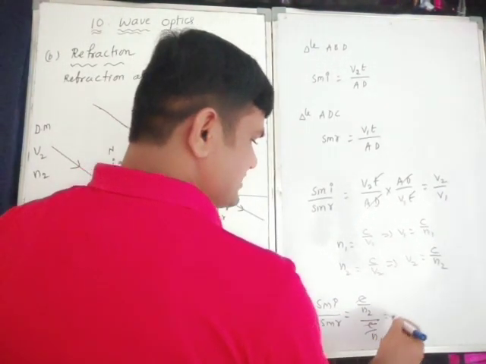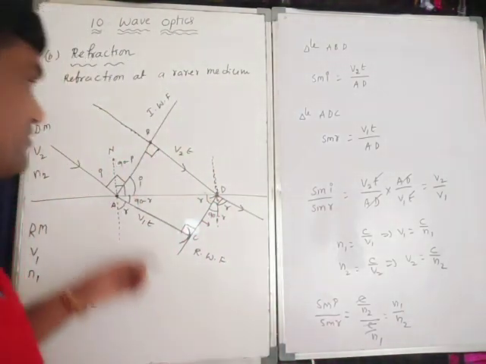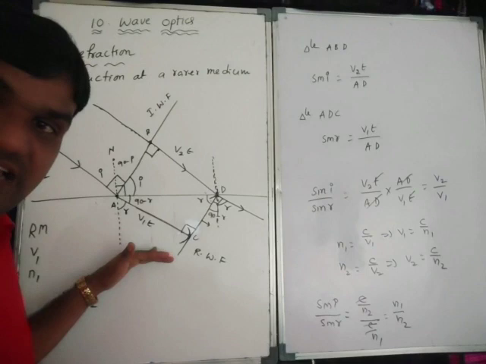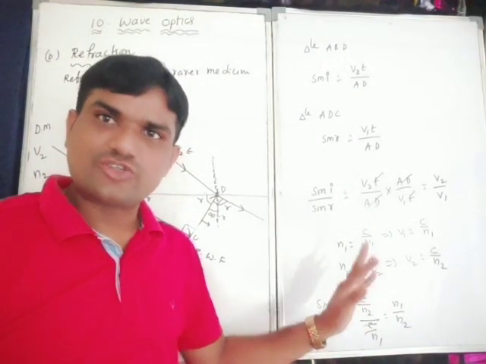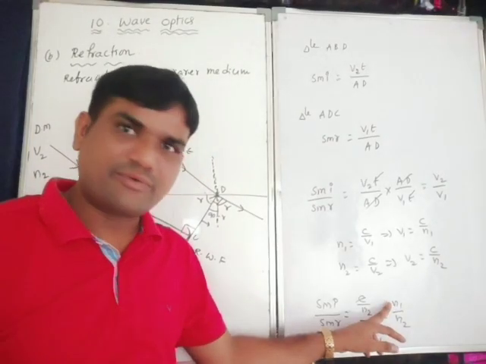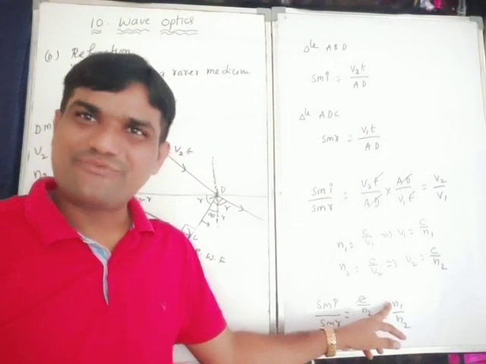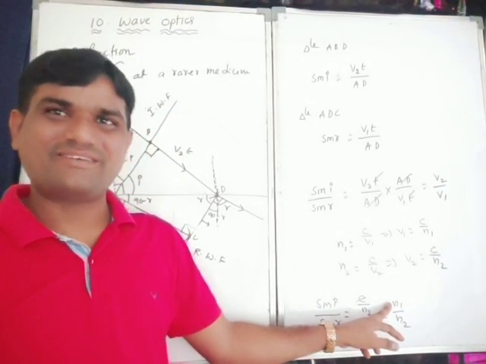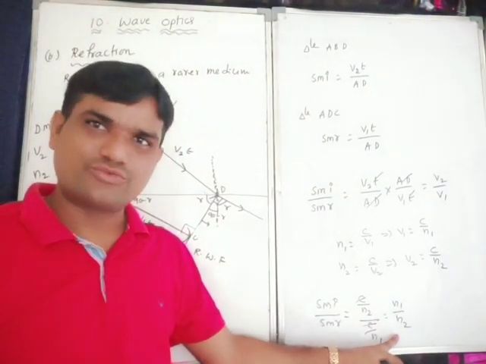So C gets cancelled. Therefore, we will get N1 by N2. Correct or not? So where to where? Denser medium to rarer medium. Refraction happens in the N1 medium. So always the numerator we will consider, I told you in ray optics also, the refracting medium.